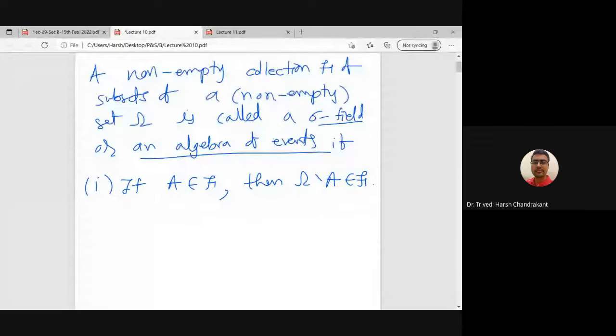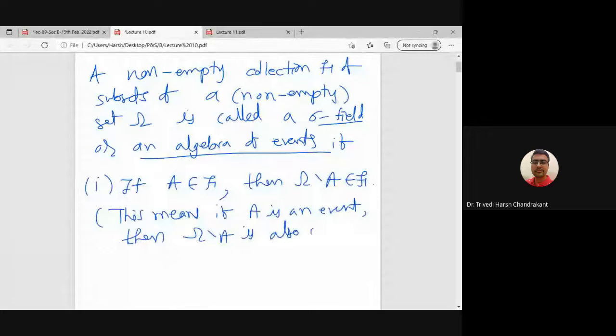What does this mean? This means that if A is an event, then its complement is also an event, right? That is the first property.